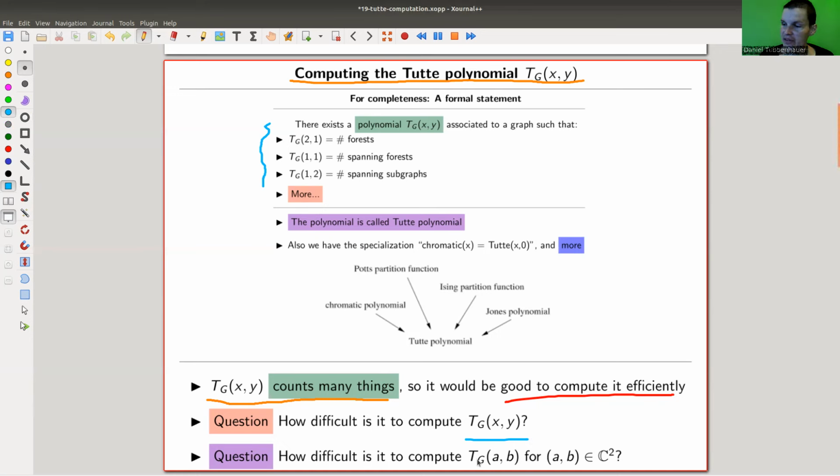Maybe computing the polynomial itself is very difficult and very hard, but what about computing values of the polynomial, right? In this case, we evaluate it on some pair of complex numbers. That might be of the same complexity, or it could be easier, or it's not more difficult in some sense, unless the computation is really, really simple.